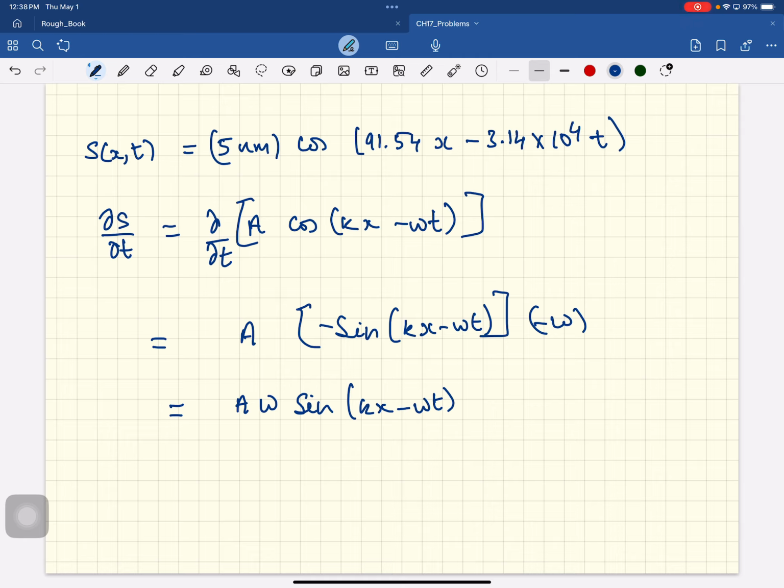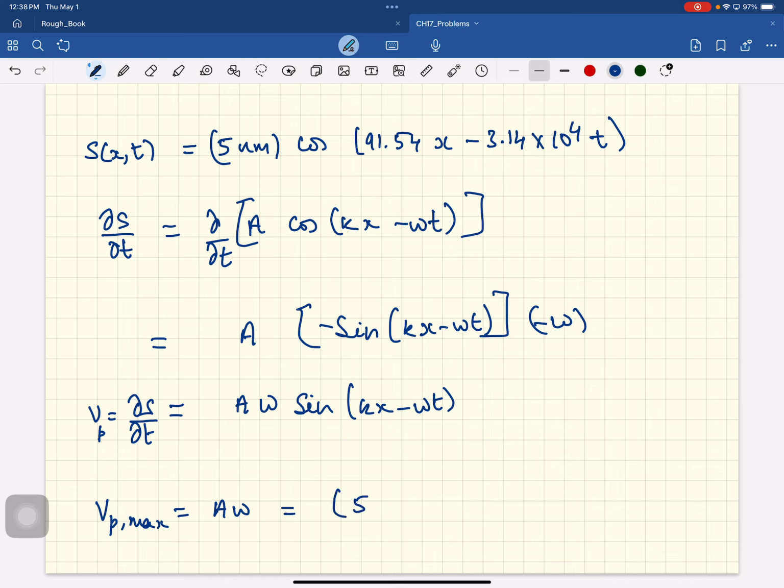So that's the speed of the particle, not the wave, ∂S/∂t. And the maximum speed of the particle is Aω.